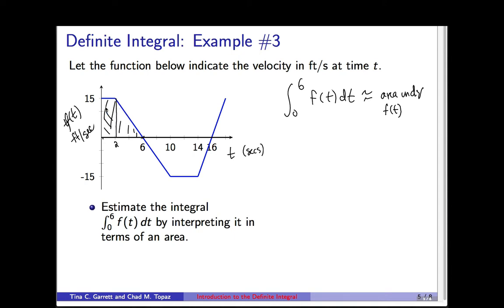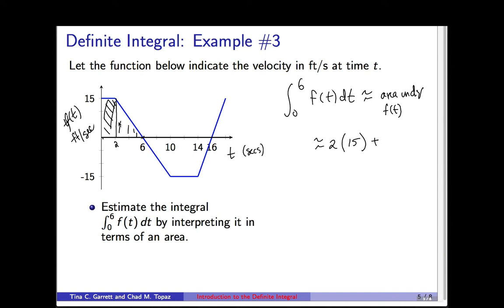And so if we could compute that area, that's pretty easy. That's just a rectangle. And that rectangle has a base of 2 and a height of 15. And if you want to think about units, again, 2 is in time, seconds, and the 15 is in feet per second, so you would get total feet for that.